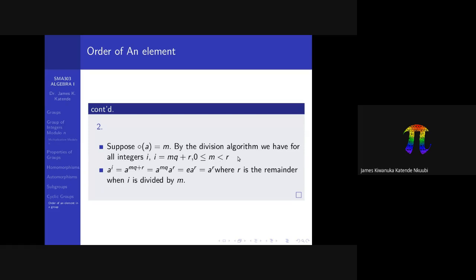I did not even realize it was wrong. It's a remainder that should be smaller than M. R cannot exceed M. It can be equal to 0, but cannot exceed M. So yes, thank you very much. This is wrong. It should be 0 is less than or equal to R, less than M. Thank you.